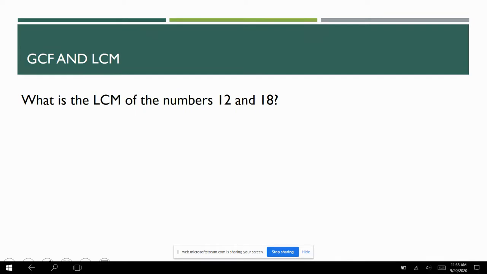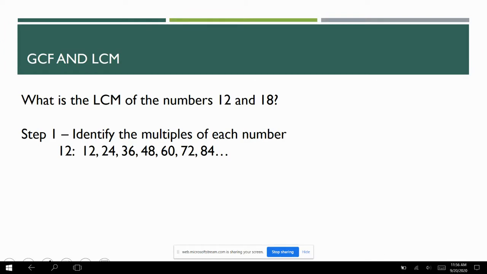We can follow a similar process for the least common multiple, except in this case, instead of listing out the factors, so numbers that are going to multiply to be either 12 or 18, we're going to list multiples of 12 and 18. So what happens when we multiply 12 times 1 or 12 times 2 or 12 times 3? Or we add 12 to 12 and then add another 12 and then add another 12.